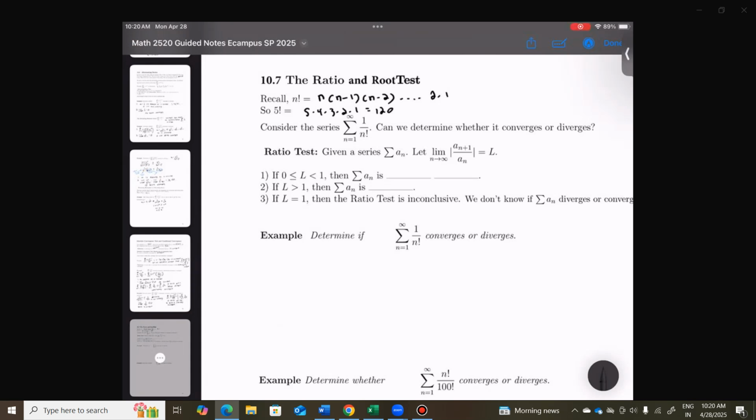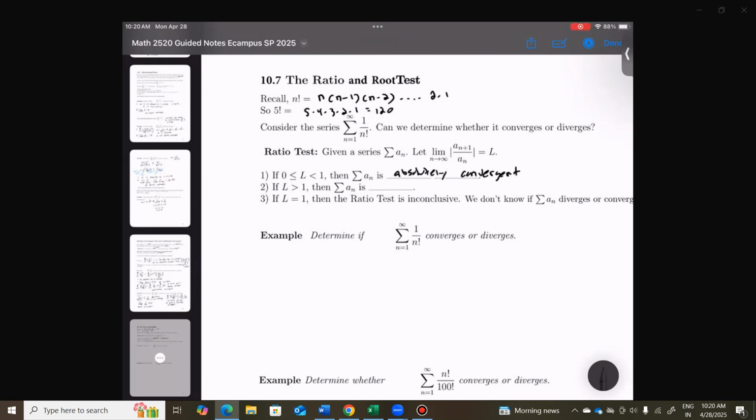Given series summation a sub n, let the limit as n goes to infinity of the absolute value of a sub n plus 1 over a sub n equal L. If L is between 0 and 1, then the summation of a sub n is absolutely convergent.